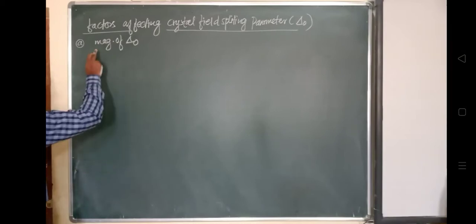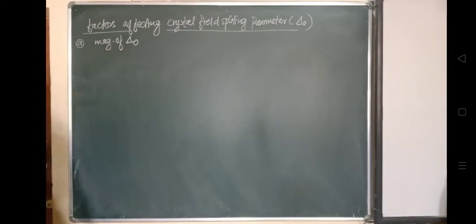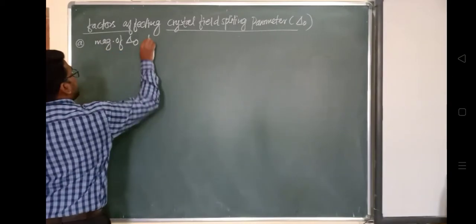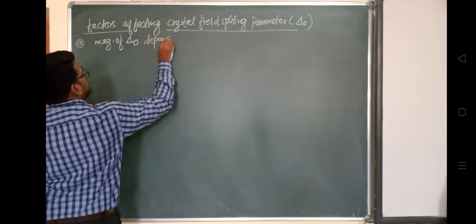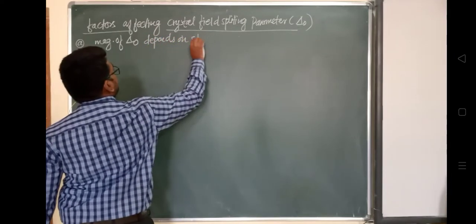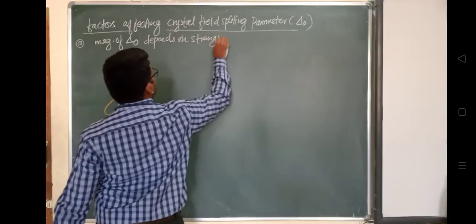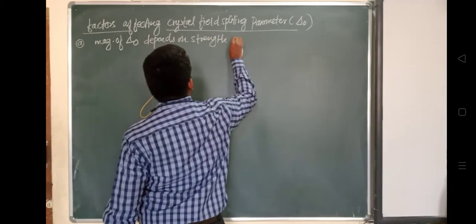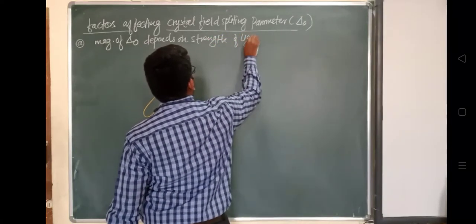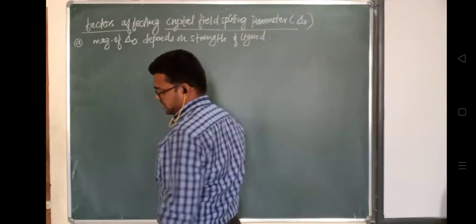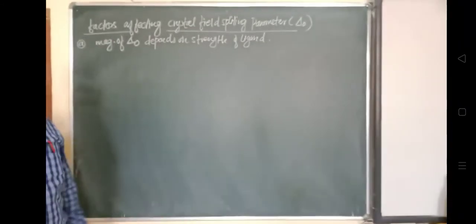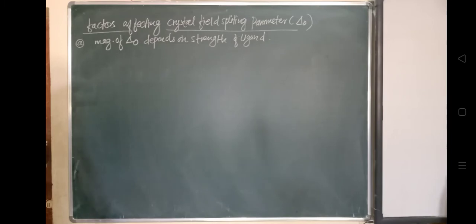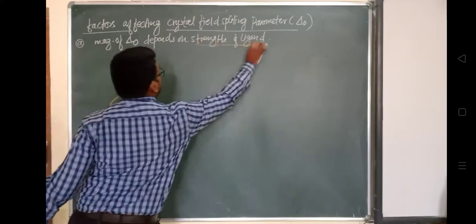So magnitude of delta naught depends on strength of ligand. ओके, स्ट्रेंथ ऑफ लिगैंड के ऊपर ये डिपेंड करता है. And we have already written the strong field ligand and weak field ligand. That's why it depends on strength of ligand.